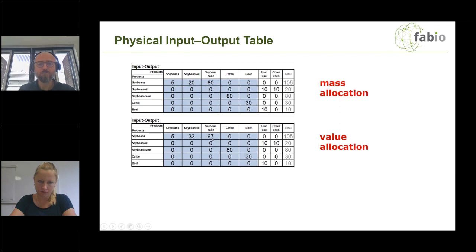So the price of soybean oil is higher than the price of soybean cake, and that's why with value allocation, a little bit more of the soybeans are allocated to the soybean oil than before. It was 20%, now it's 1/3.